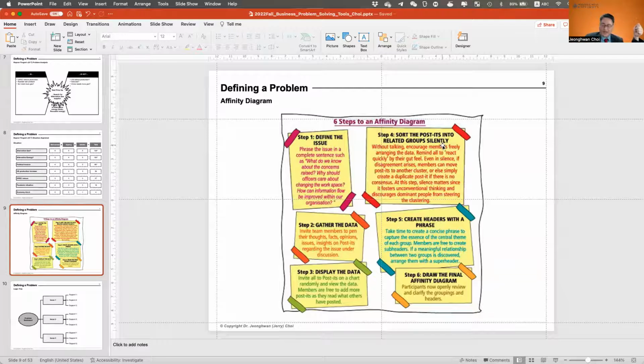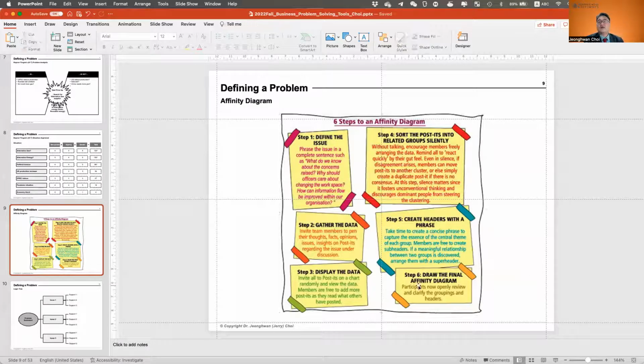Again OPEC. So we group these together, then create headers with phrases: OPEC, and then alternative energy, something like that.